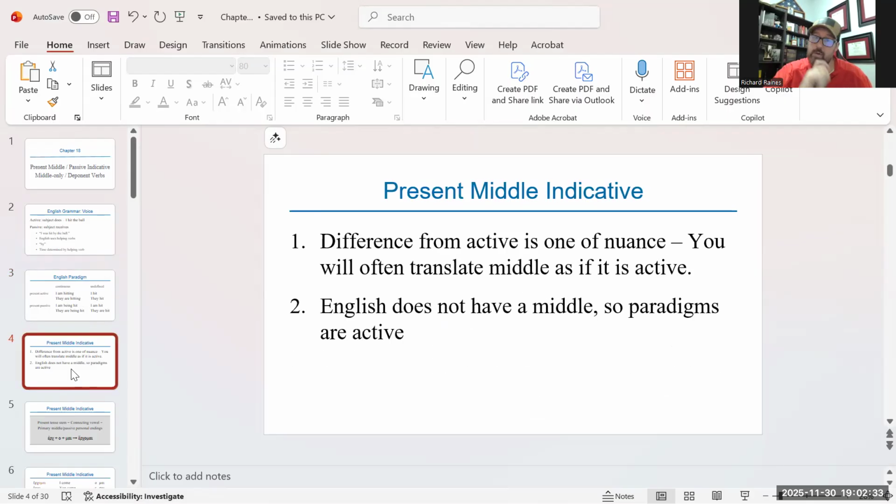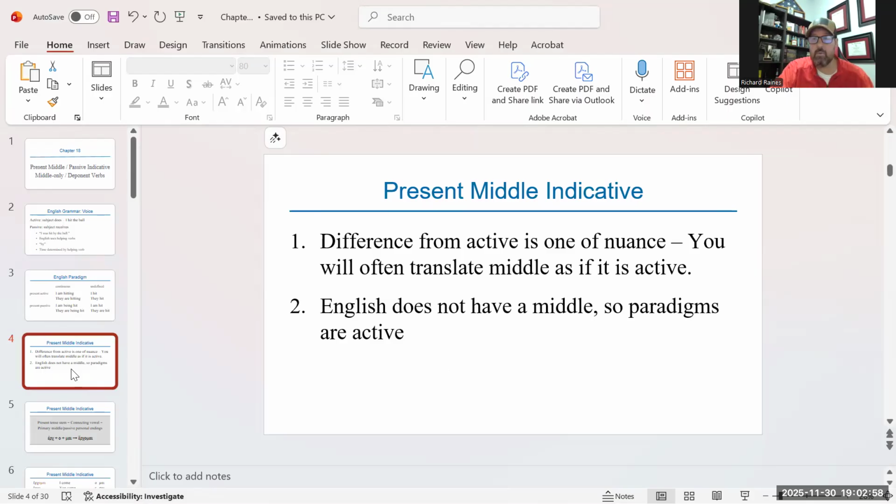Well, in Greek, we're not going to dig too deep into this because there are ongoing ways of thinking about the middle voice in Greek and how it's translated, but it's not necessarily related to how you translate the words as much as it is how you translate the meaning.